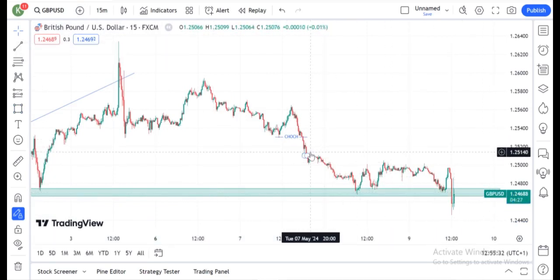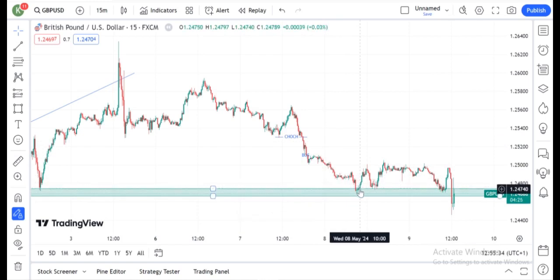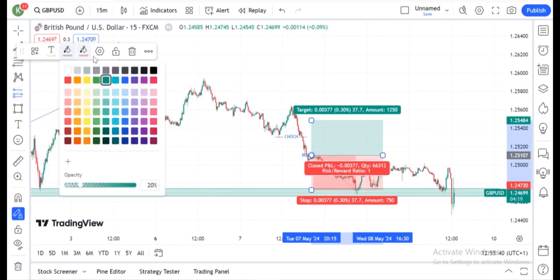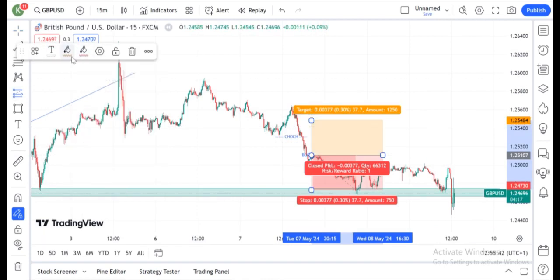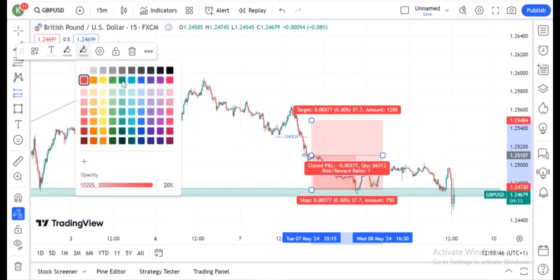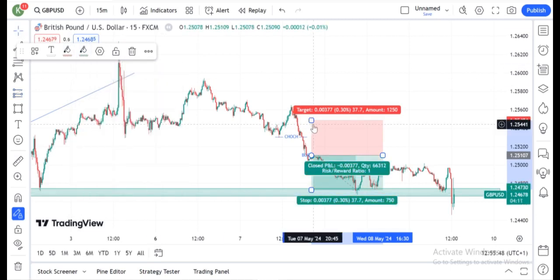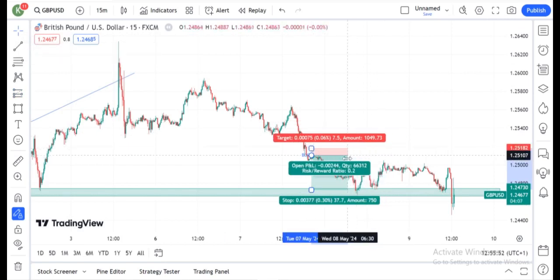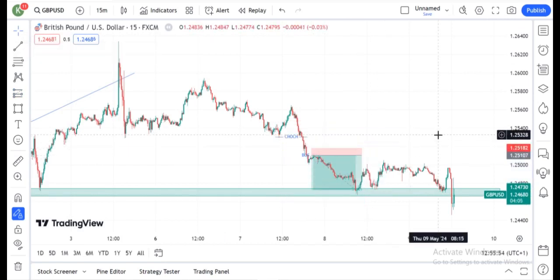So what did price do? It came straight to the order block. So for someone who wants to take an entry here, your entry can be here. Stop loss just a little bit above the liquidity side, and your take profit should be on the order block.